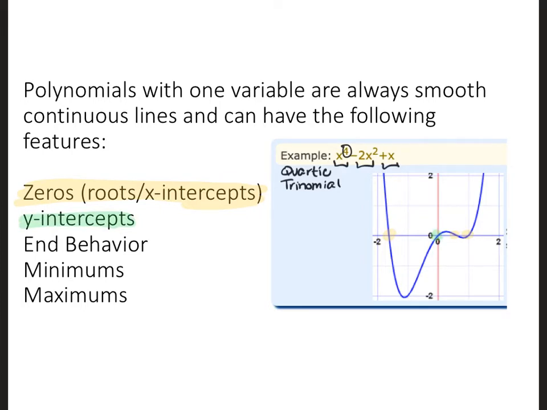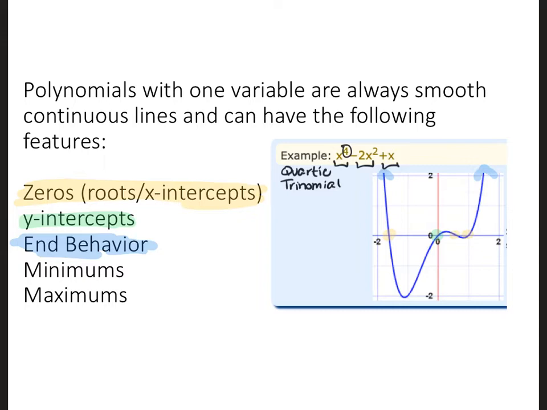In fact, all polynomials will have a y-intercept. When we're talking about end behavior, all polynomials will go to some type of infinity. In this case, both ends go to positive infinity, which we'll talk more about in some future examples, but all polynomials have end behavior.